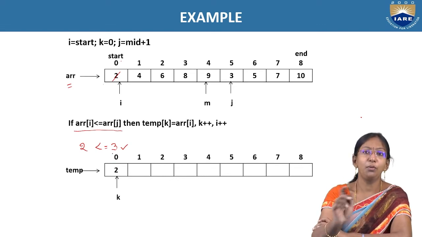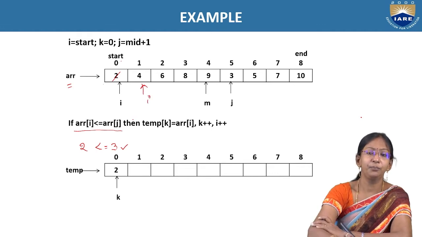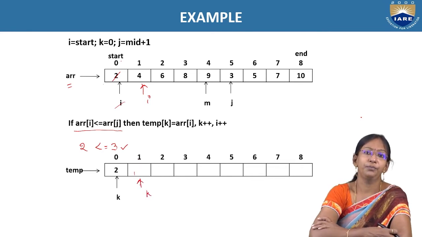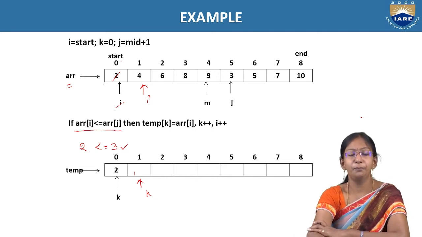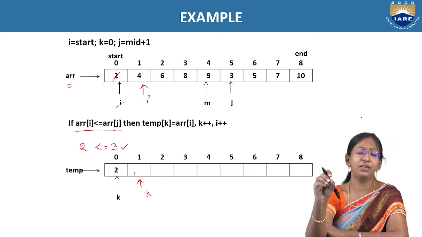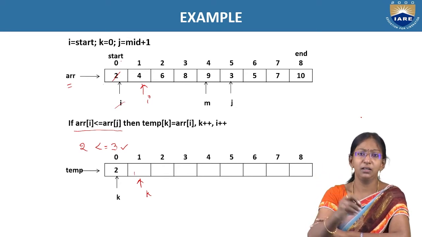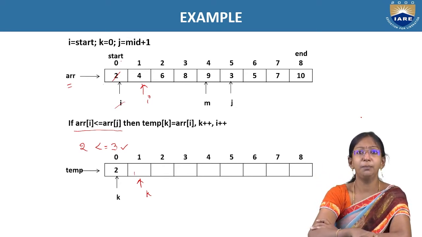Once the job of I is done, increment the pointer I, and coming to K, as the first index value of K is filled, increment K, right? We are not going to touch J because the element pointed by J lost the condition. The element pointed by I won the condition.